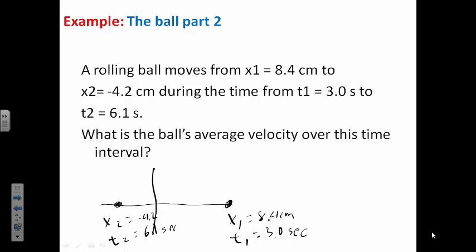To get our average v, we take delta x over delta t, and this is going to be negative 4.2 minus 8.4 divided by 6.1 minus 3, and this looks to be negative 12.6 divided by 3.1. And this is going to be something close to 4.